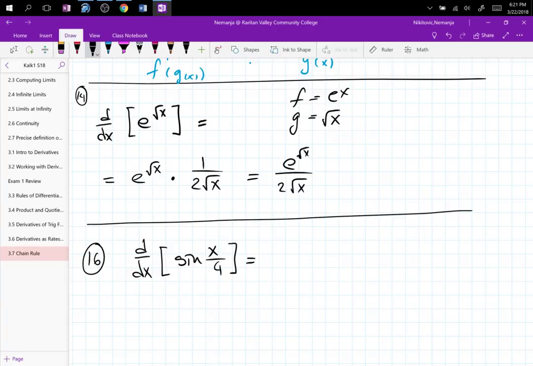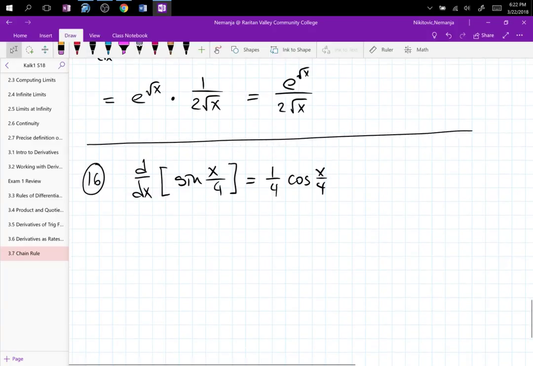Right. You know that it fits the formula of ax, where your a is a quarter? It's a one-step problem. You already memorized the formula for it, so it's 1/4 cosine x over 4. You move along with your life.